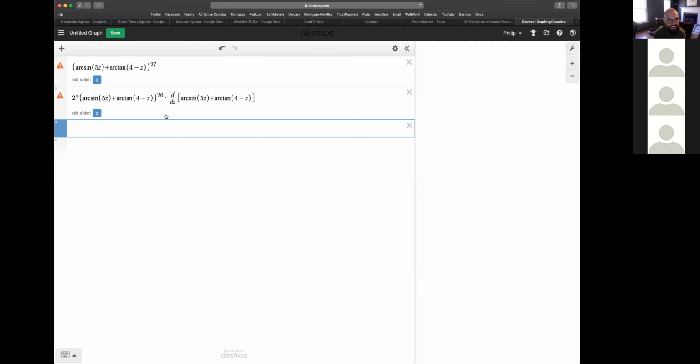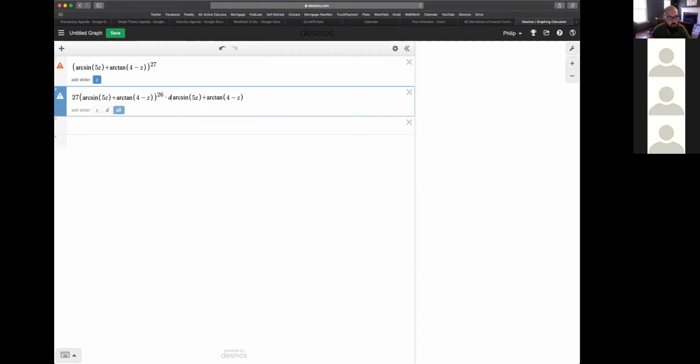Wait, because that would split up into the derivative of arcsine of 5z and then times the derivative of 5z. Would that just be a bunch of different multiplications in a row, or would you have to put it in a different set of parentheses? No, this all would go in one set of parentheses like this.